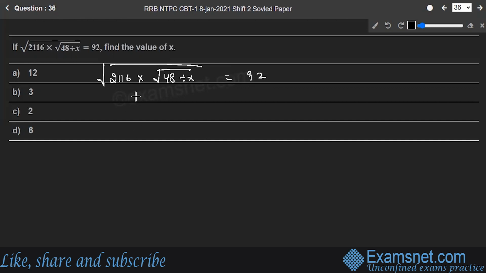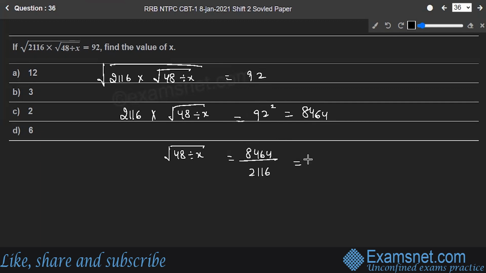So take the square on the right hand side. You will have 2116 multiplied by 48 divided by x is equal to 92 squared, which is equal to 8464. So root of 48 divided by x is equal to 8464 divided by 2116, which is equal to 4.